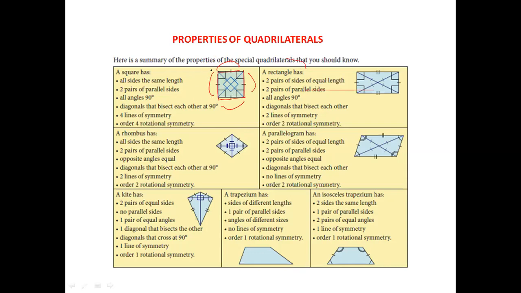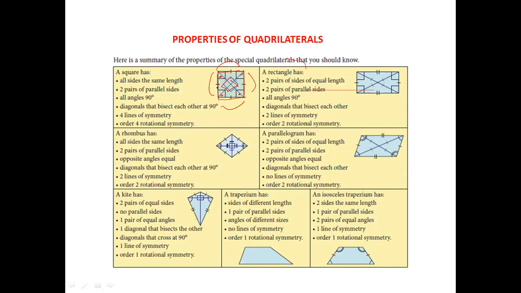And all angles are 90 degrees. As you know, the interior angles of a rectangle or square add up to 360 degrees: 4 times 90 is equal to 360 degrees. Diagonals bisect each other at 90 degrees.